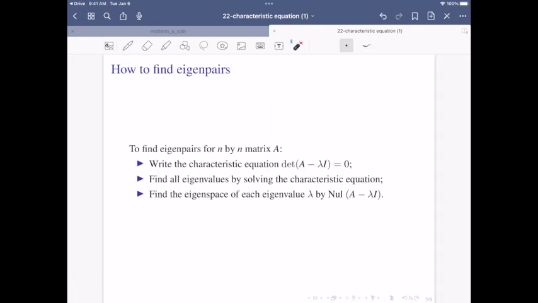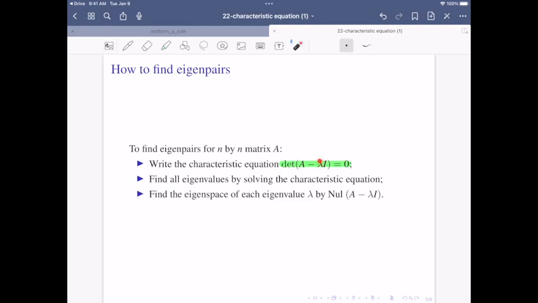So here's the strategy for finding eigenpairs, in two steps. First you find the spectrum, or eigenvalues, and then for each eigenvalue you find the eigenspace. For an n by n matrix A, first write the characteristic equation, determinant of A minus lambda I equals 0. We will see from an example how to solve this kind of problem.